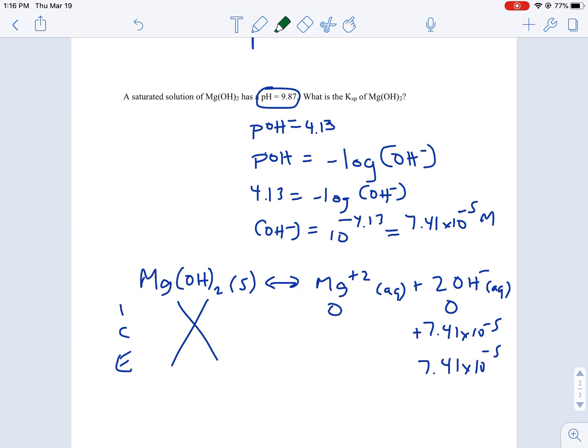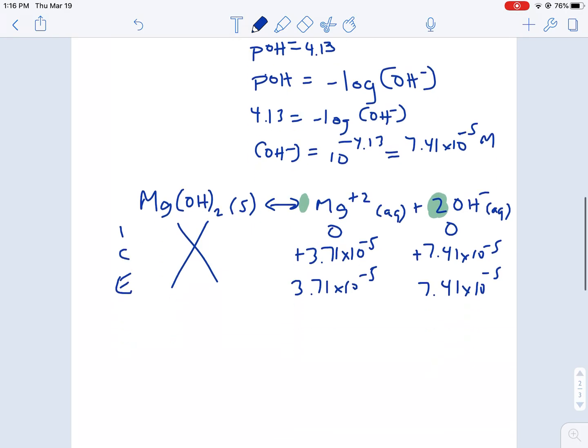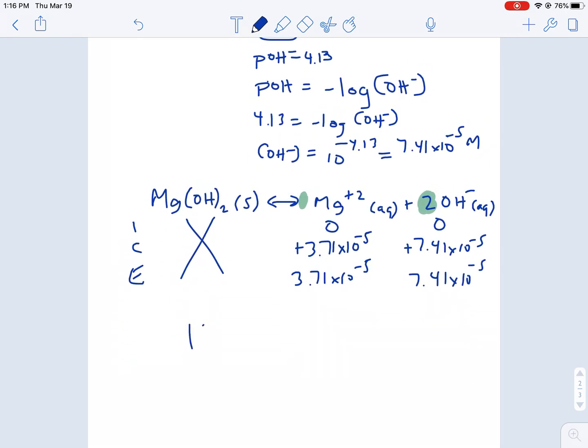Because of the 2-to-1 ratio between the magnesium and the hydroxide, the magnesium amount is going to be half of the quantity that we have for the hydroxide. And so now that we have those two quantities, we have enough information that we can get a KSP value.